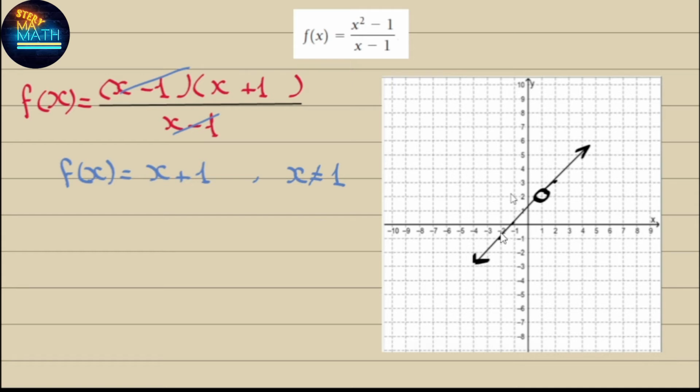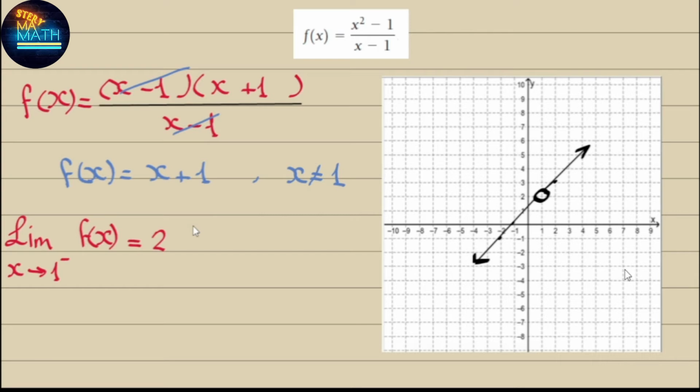The function is getting closer and closer to 2. It's not exactly 2, but it's getting closer and closer to it. So the limit as x approaches 1 from the left of f(x) is equal to 2.